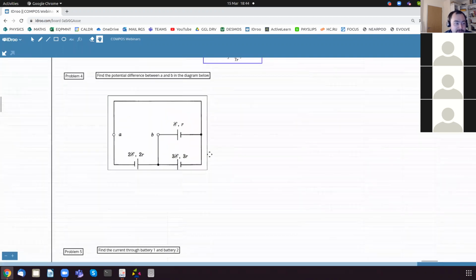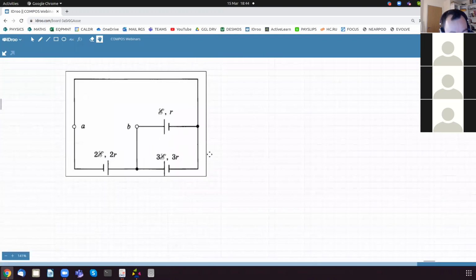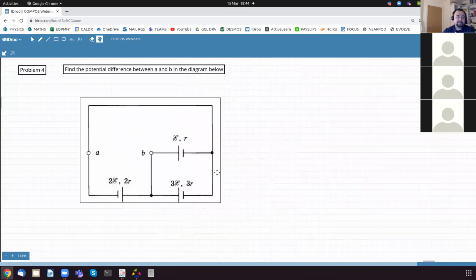Okay, so find the potential difference between points A and B in the diagram. Interesting. So basically, if we connect a voltmeter here, what will it show?